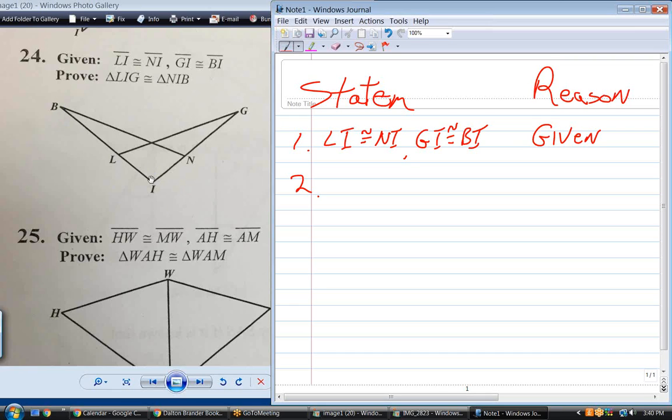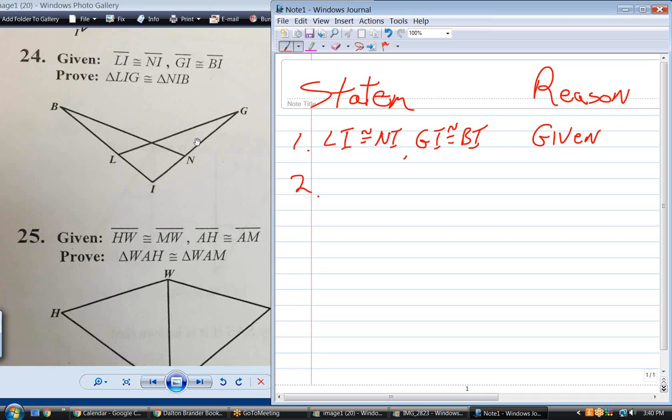We have that BI is equal to that GI, and for this triangle here, this side, LI, is equal to NI. That's what those first two statements say. So we have side, side.